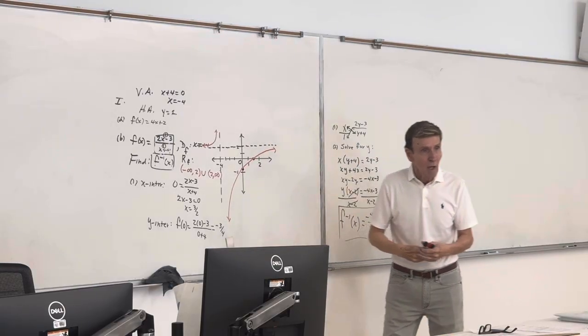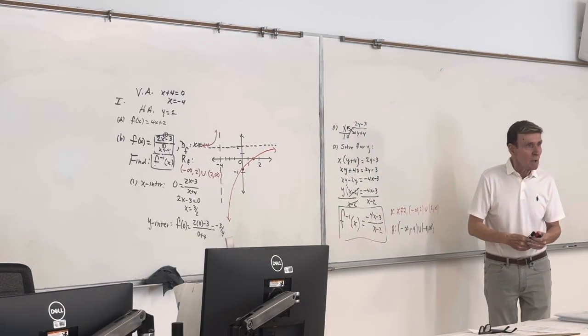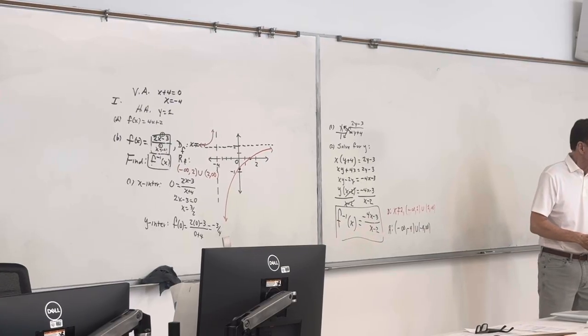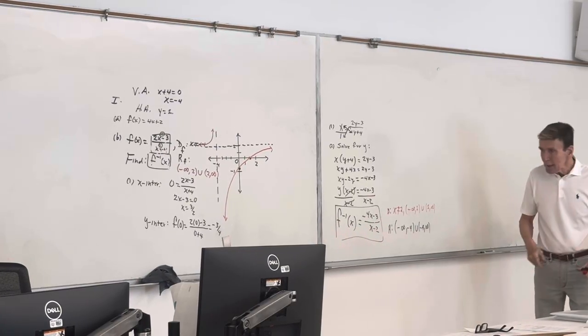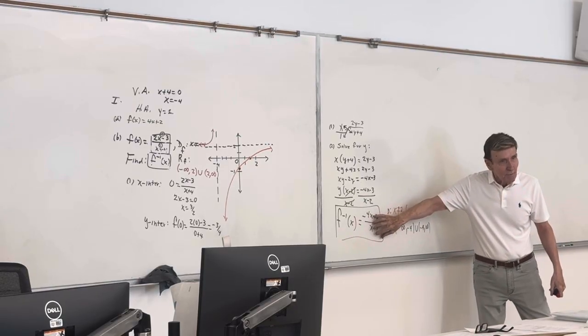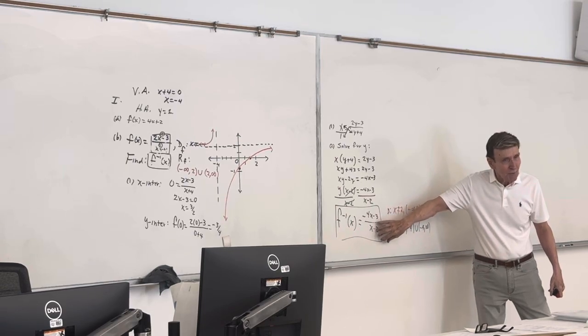Let's see if I call some students in the back. Let's try one here first. Anyone look at this? Here's the inverse. Tell me right quickly, what is the y-intercept if I were to graph this?